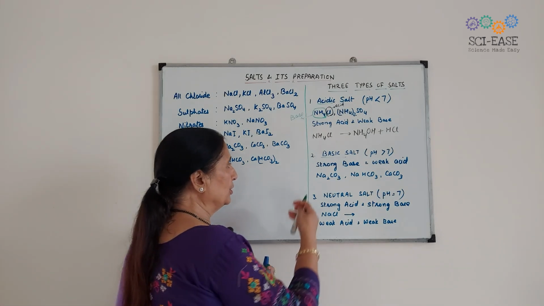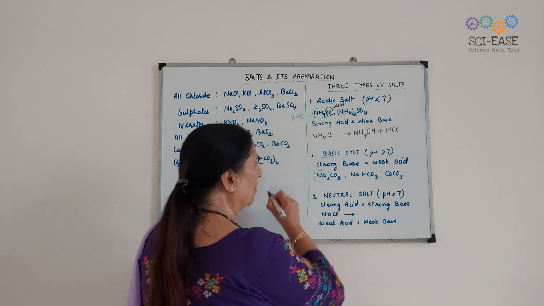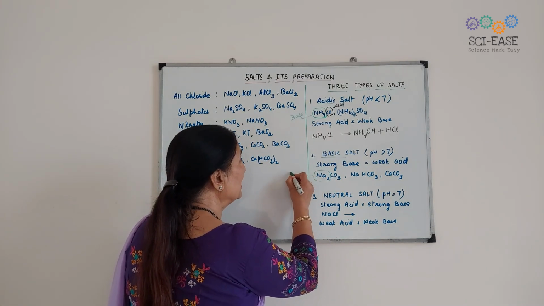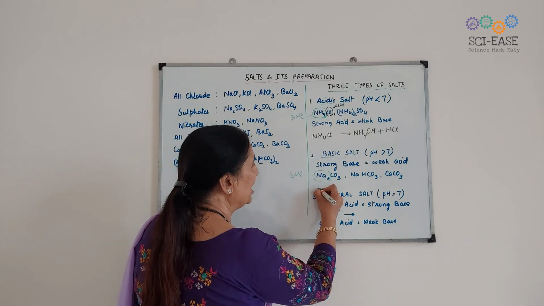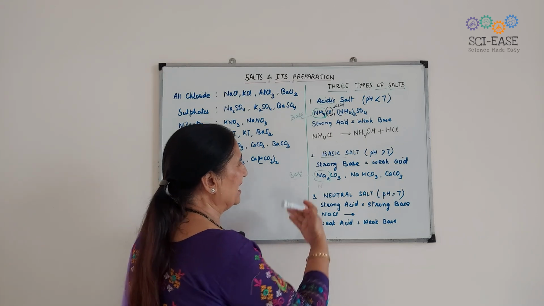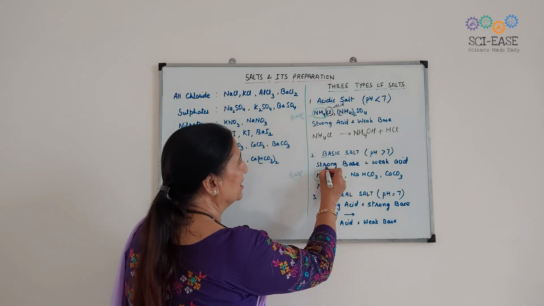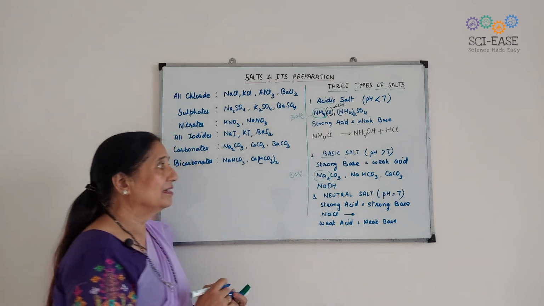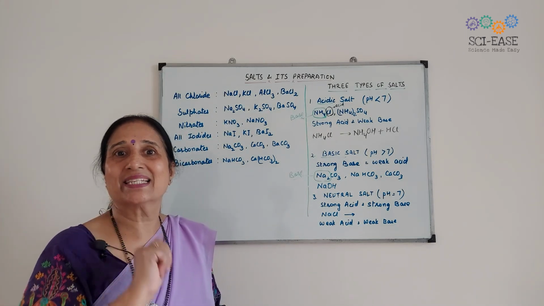I have told you that the first part is formed from the base. Which strong base has sodium? That is NaOH, a strong base. Here the base should be strong. And which acid having the CO3 group is a weak acid?